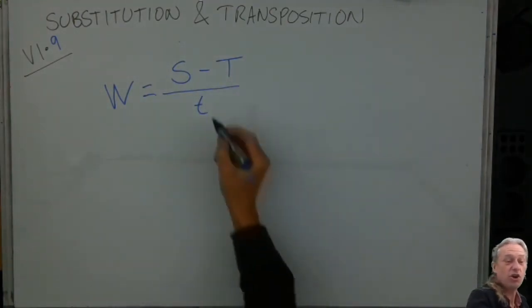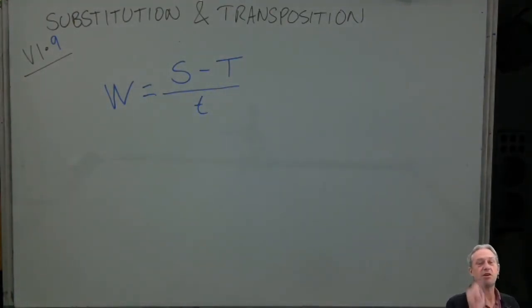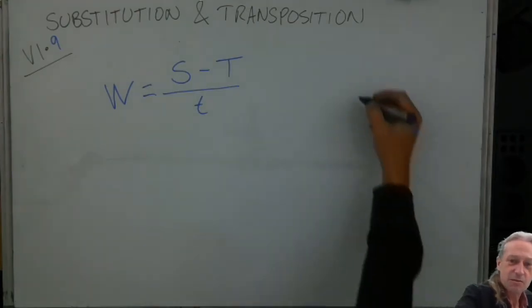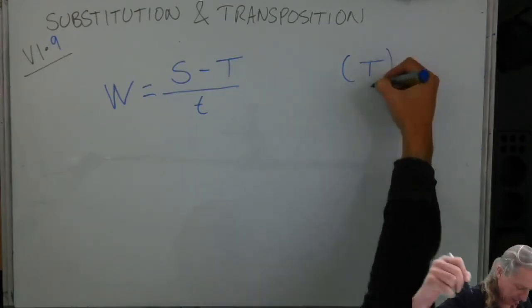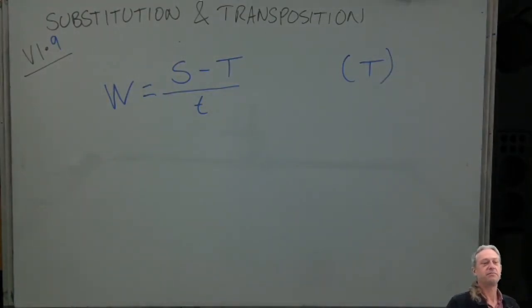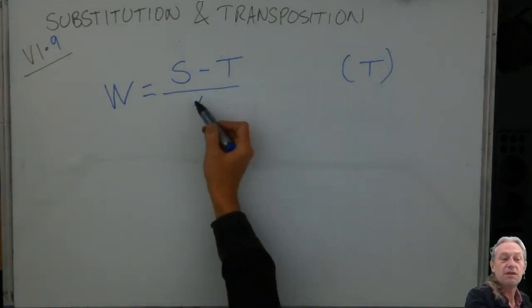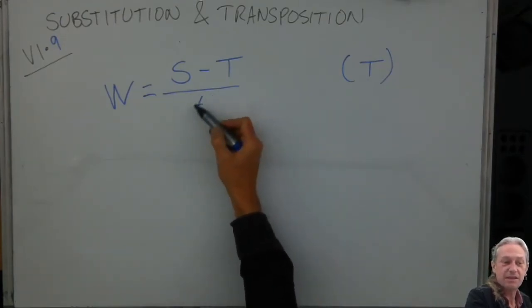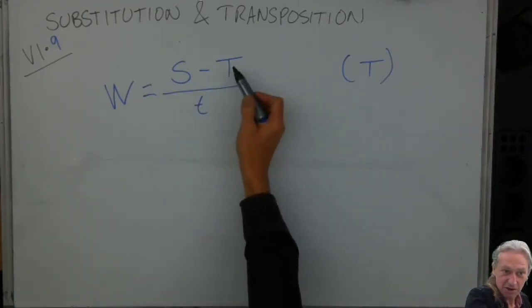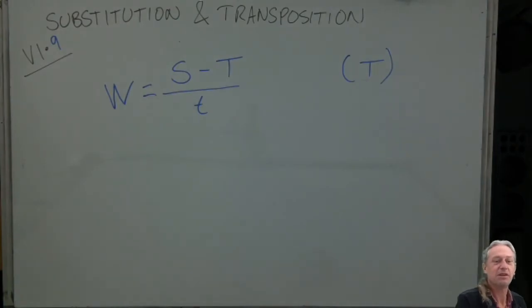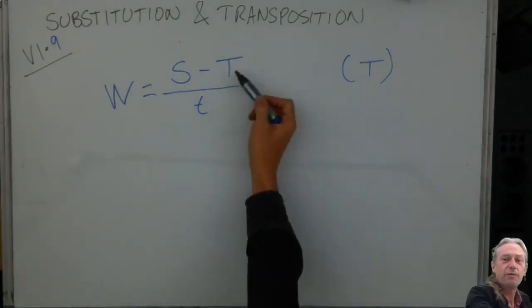I'm going to write it as curly T because I don't want it to look like a plus. And we want to make capital T the subject. So that's not this, don't get confused, it's also a t, but it's not the capital T. So these two variables are different.